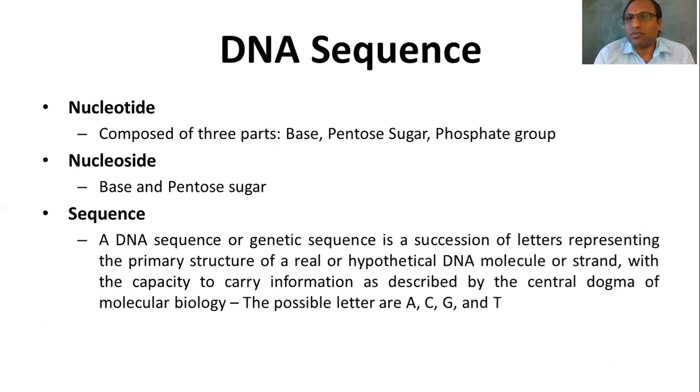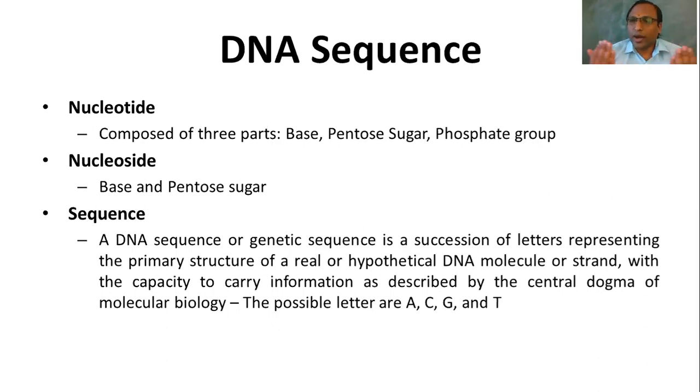The nucleotide is composed of three parts: a base, a pentose sugar, and a phosphate group. When the nucleotides are all present, we get to have our sequence. Because of the phosphodiester formation, one nucleotide joins with another in the 5' to 3' direction or 3' to 5' direction.